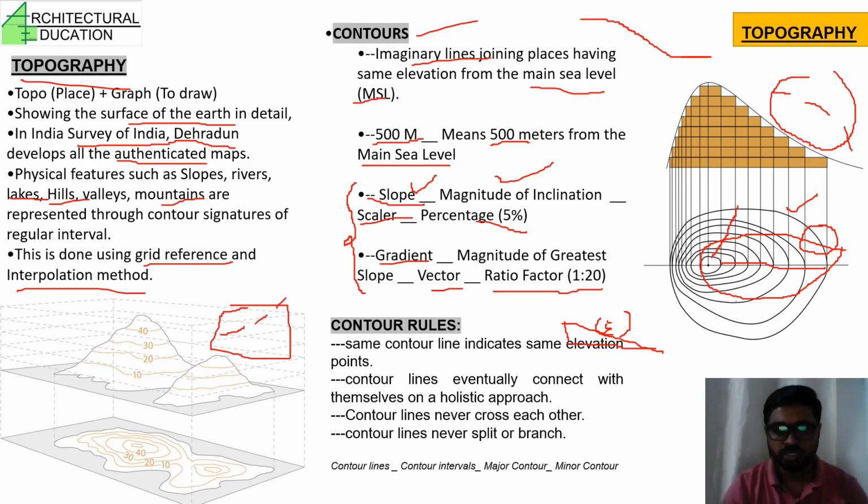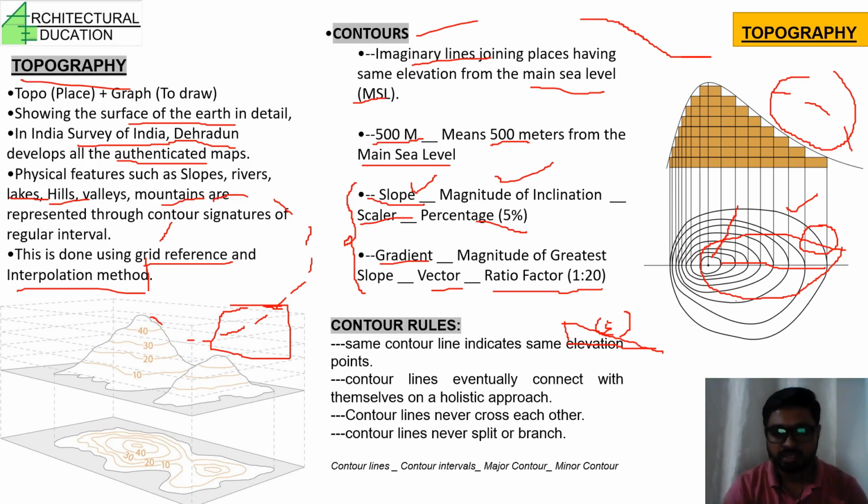Assuming that the line stops at the boundary wall, the actual contour line will metaphysically connect to the same contour line in another holistic approach. That means at a larger or macro scale, the contours will always be in a closed loop.